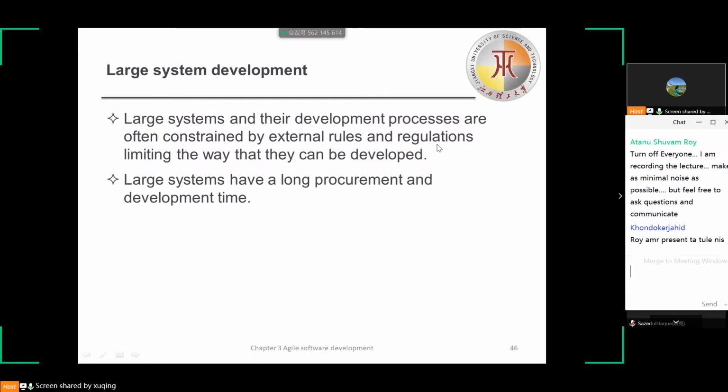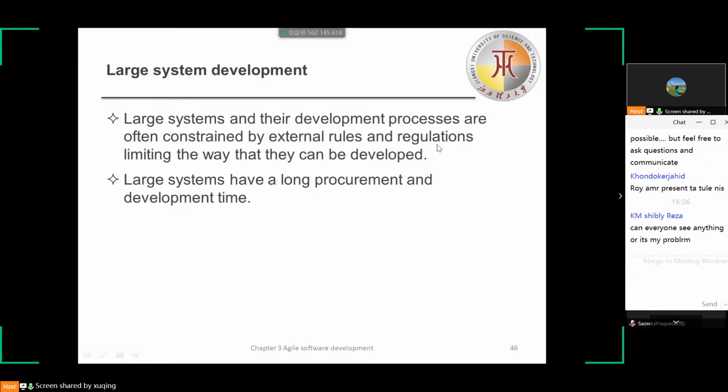The second difference between large and small system development is that large systems have a long procurement and development time. It's difficult to maintain coherent teams who know about the system over that period, because during a long period of time, people may move on to other jobs and projects.